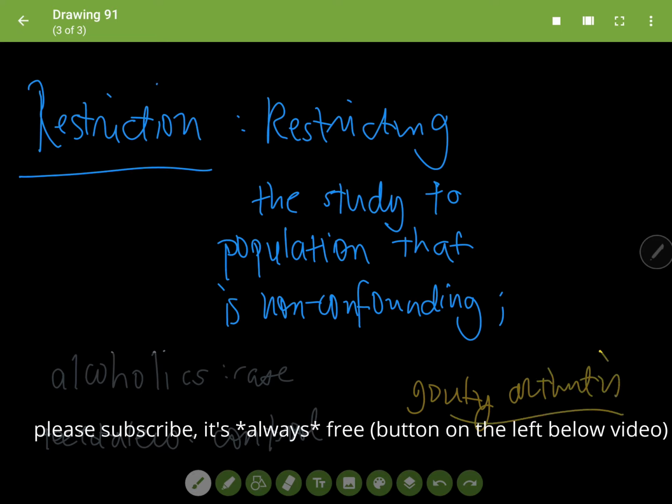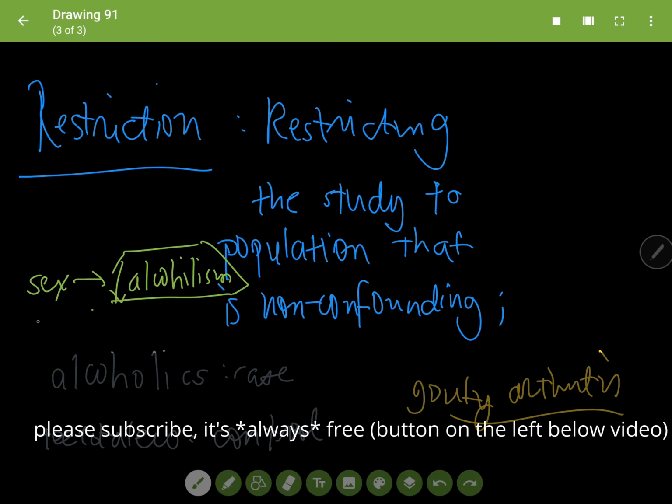However, there's something called sex. So, if you're a female, you're going to have a decreased incidence of alcoholism. There's less alcohol consumed in females, even in those who drink frequently.